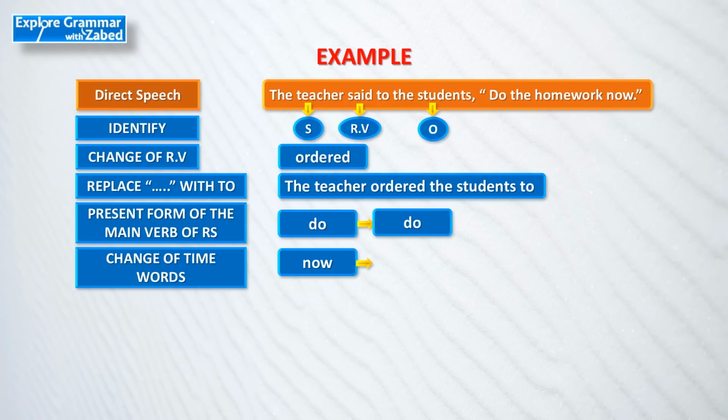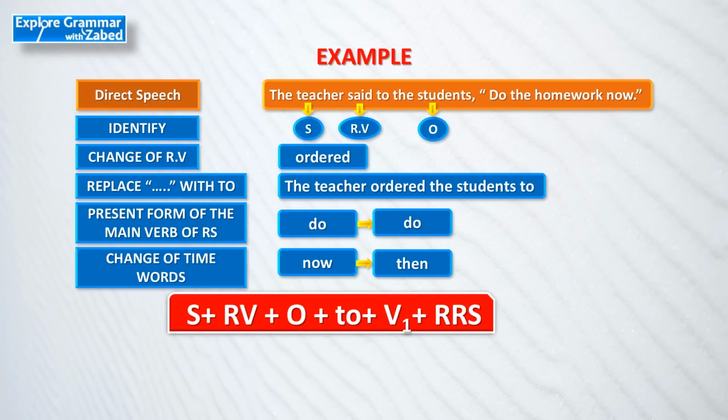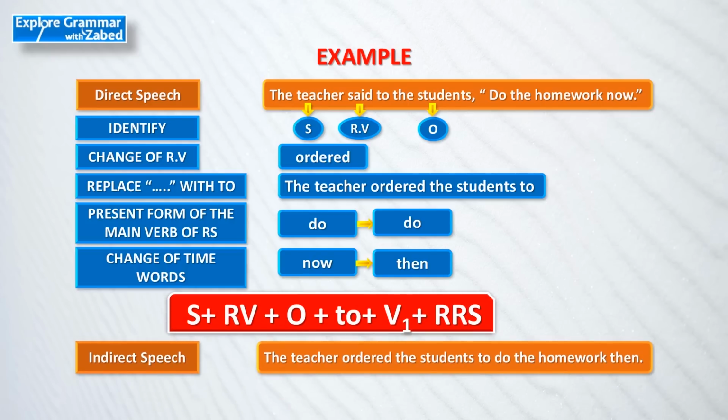Here, now will be converted to then. So, the final sentence as per our structure is: the teacher ordered the students to do the homework then. For the rest of the examples, I will use the structure only.